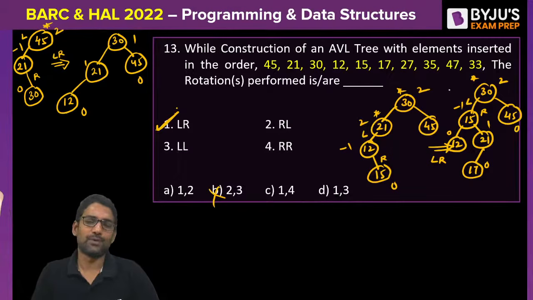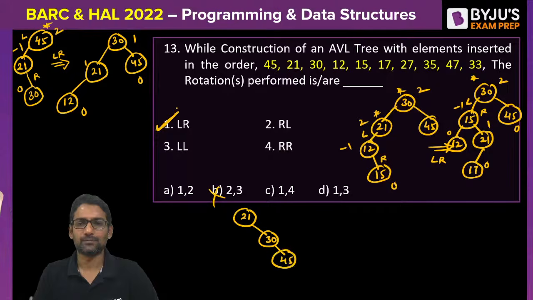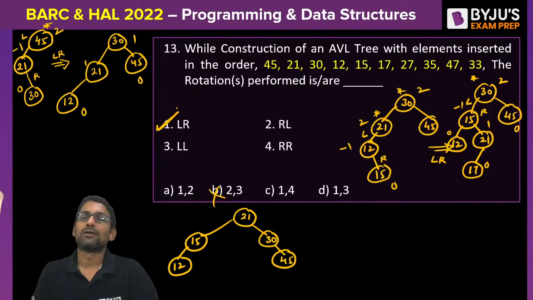So what you do when you perform LR? 21 would be the root, 30 and 45 would be right child, 15 and 12 will remain as it is, left child of 17 will be still towards left but as right child to 15. This is how it becomes.